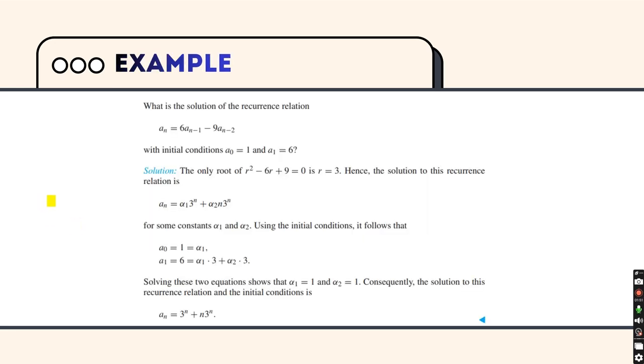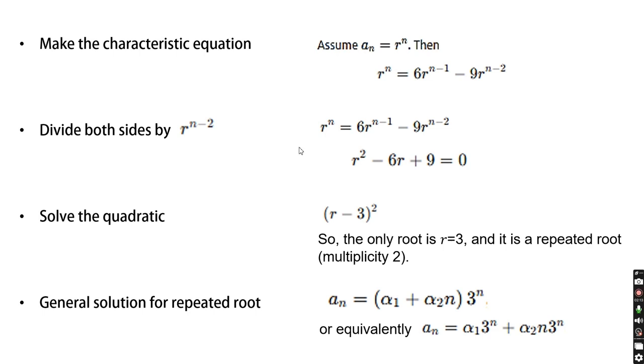So for example, what is the solution of the recurrence relation an is equal to 6an minus 1 minus 9an minus 2 with initial conditions a0 is 1 and a1 is equal to 6? So we will solve.